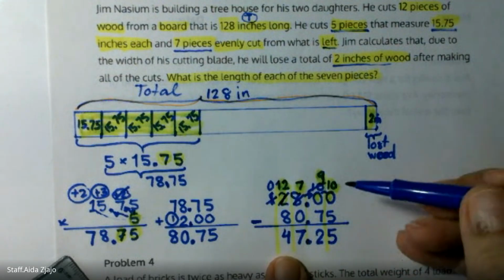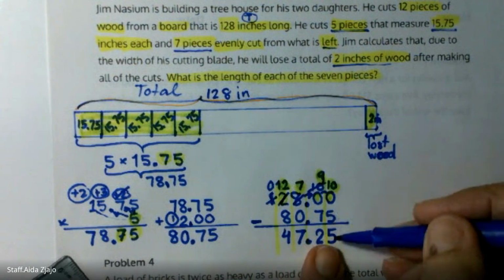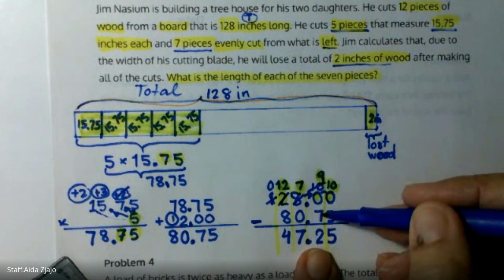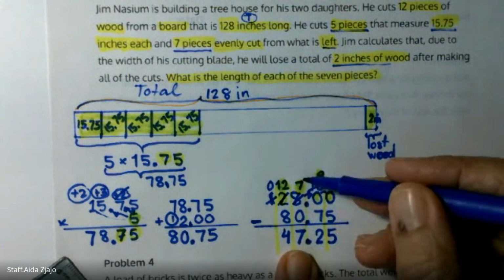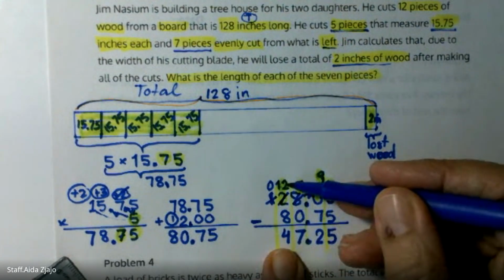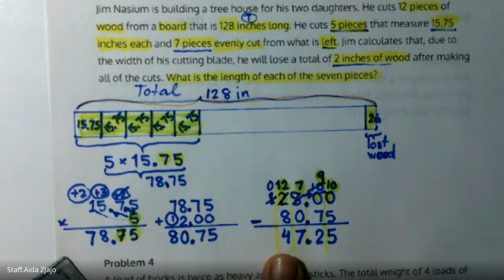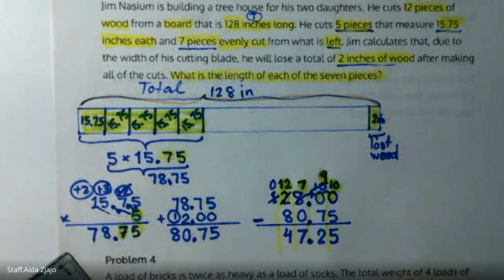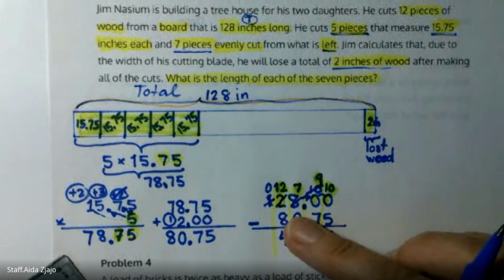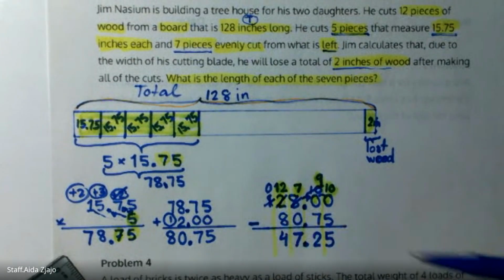So now you can check your answer. 5 plus 5 is 10. 2 plus 7 is 9, 7 plus 0 is 7, 4 plus 8 is 12. So you can check that your subtraction is correct if you go and add your answer with a number that you subtract.